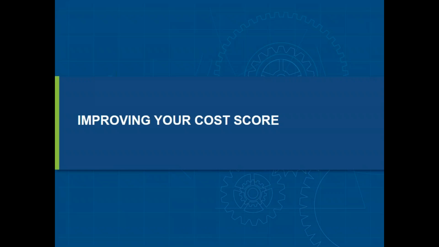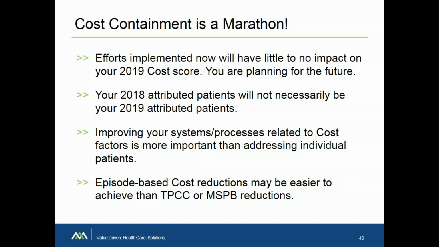So next, let's talk about improving your cost score, generally speaking. A couple comments on that first, though. Please note that anything you implement now will have little to no impact on your 2019 cost score. You're really planning for the future here. As I mentioned, your attributed patients for 2018 will not necessarily be attributed patients in 2019 or 2020.